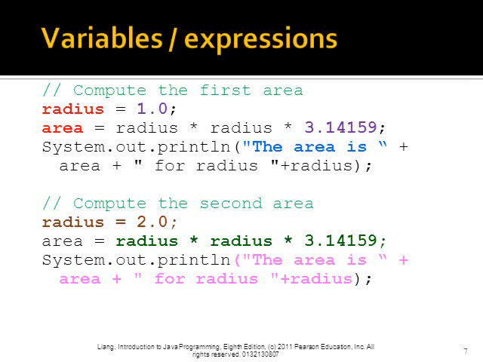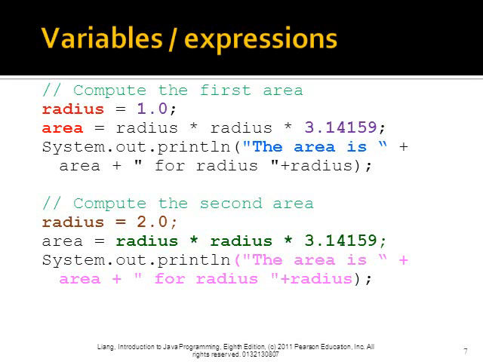The dark green you should recognize as an arithmetic expression, because we're dealing with all numeric things, and the operators, the multiplication signs, are taking that expression and creating a single value. It's evaluating to one value.